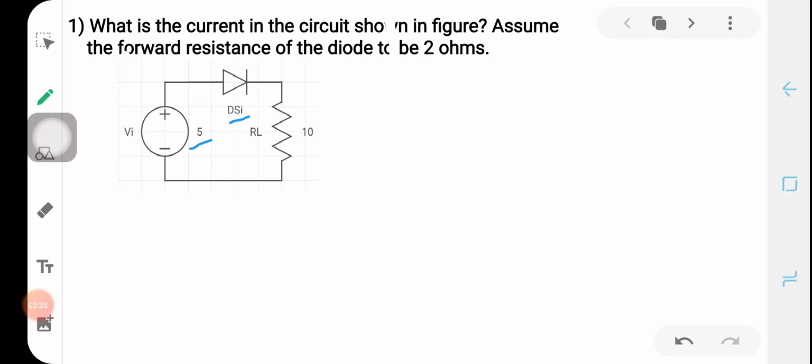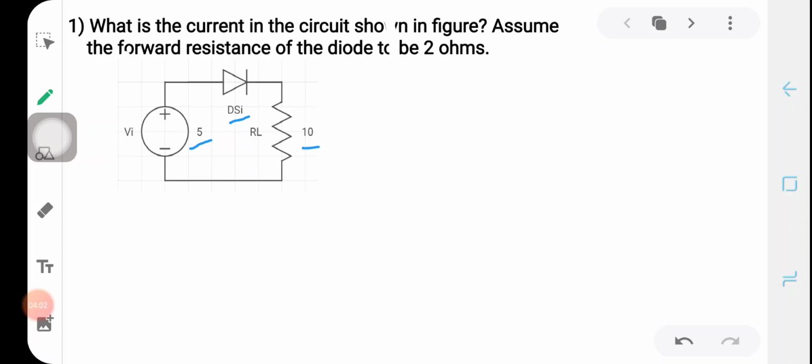So a voltage source of 5 volt is connected in series with a silicon diode and is then connected to a load resistance of 10 ohms. Just denoted 10, so it represents 10 ohms. And we are given that the forward resistance of the silicon diode is 2 ohms. So you cannot treat the silicon diode as an ideal one.